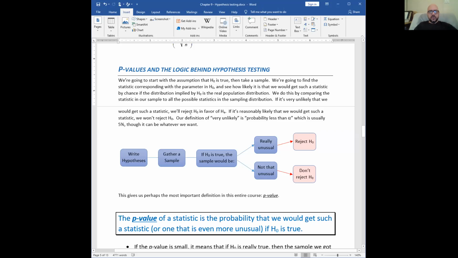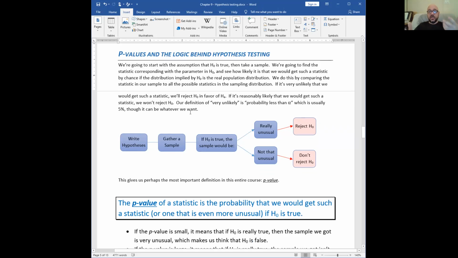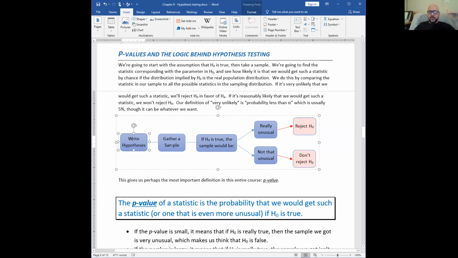So here's the idea. Just to remind you of the basic logic of how hypothesis testing goes, we write our hypotheses, get our sample. Then we do this conditional question of if H naught is true. If the null hypothesis is actually true, then for the sample that we just took, we determine if it's really weird, right? It doesn't comport at all with what we would expect if the null hypothesis was actually true.